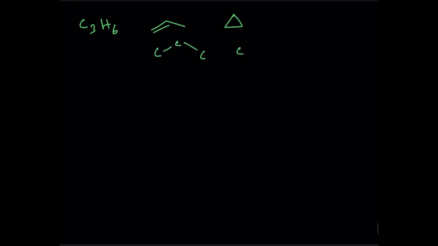In another case it's a ring because the carbons are connected that way. In bond line notation we don't show hydrogen, so let's not worry about that. Let's move on to another example.